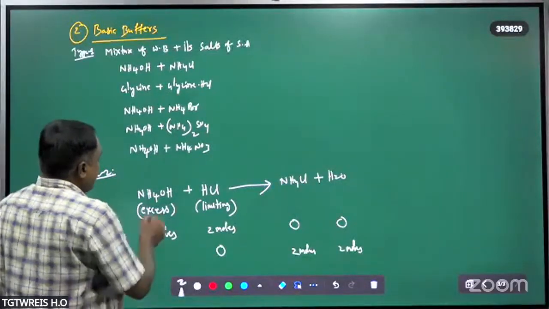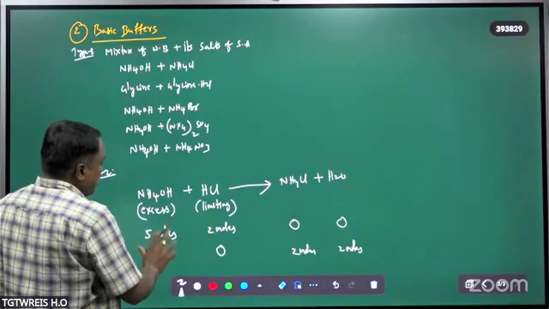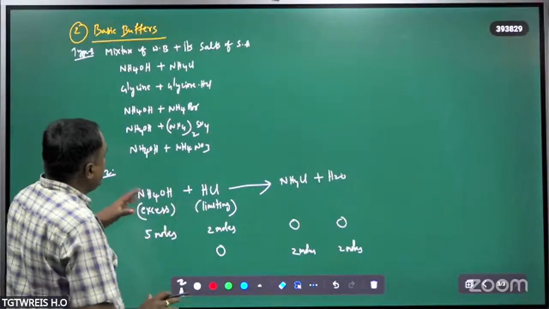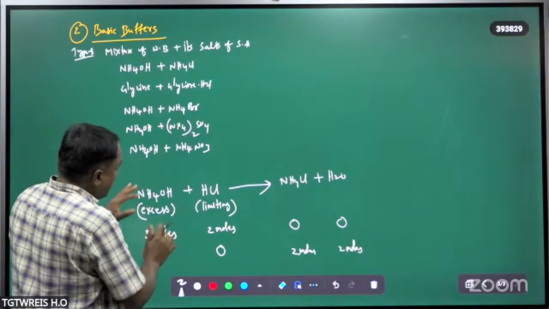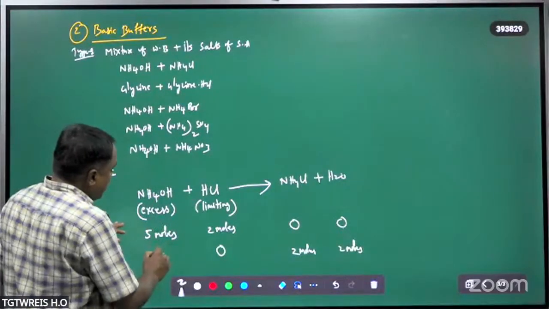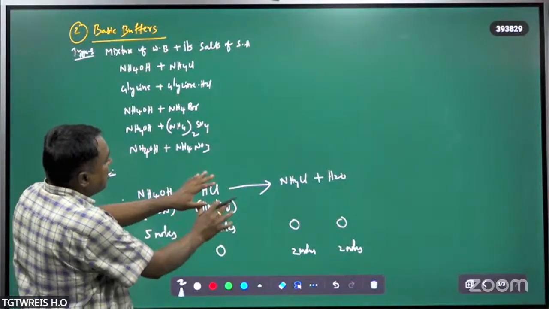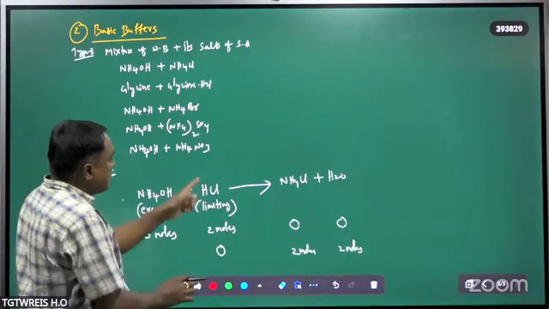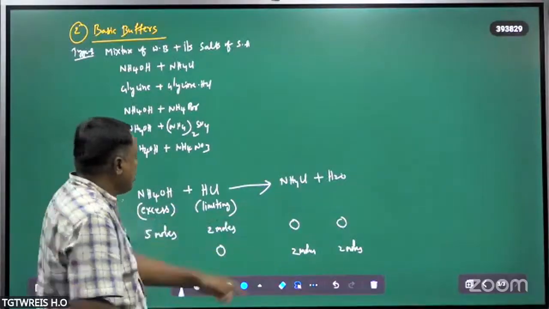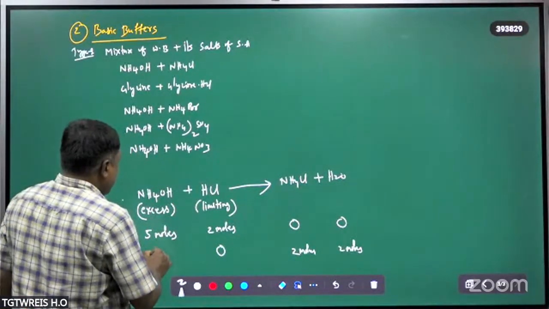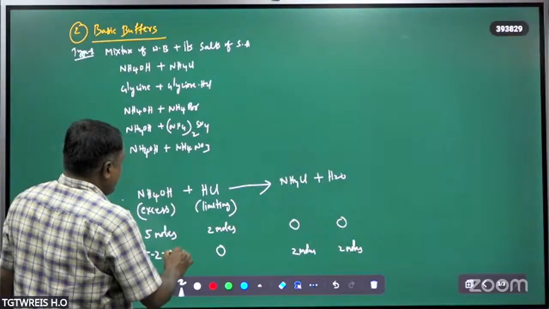Out of 5 moles of ammonium hydroxide, only 2 moles will react with HCl, because the limiting reagent finalizes the product formation. Therefore, 5 minus 2 is equal to 3 moles.